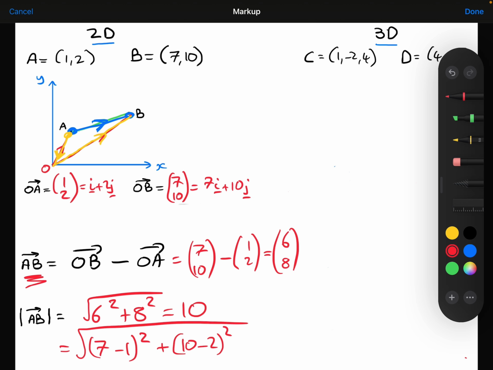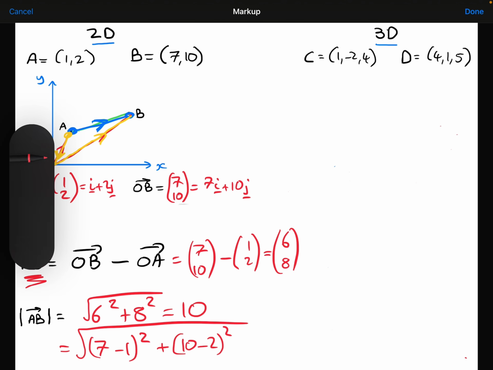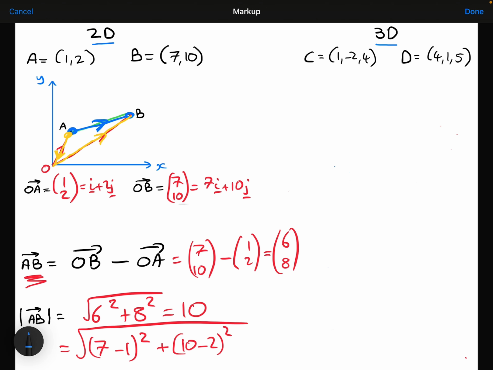Right, let's now have a look in 3 dimensions. Now, like I said previously, it's impossible for me to draw accurately in 3D, so I'm not even going to try. I'm just going to say that point C is here, point D is here. I'm not even looking at the coordinates here, I'm just putting them in random places, to be honest.